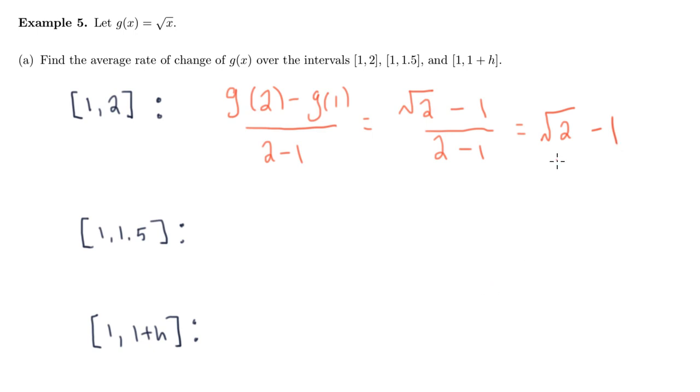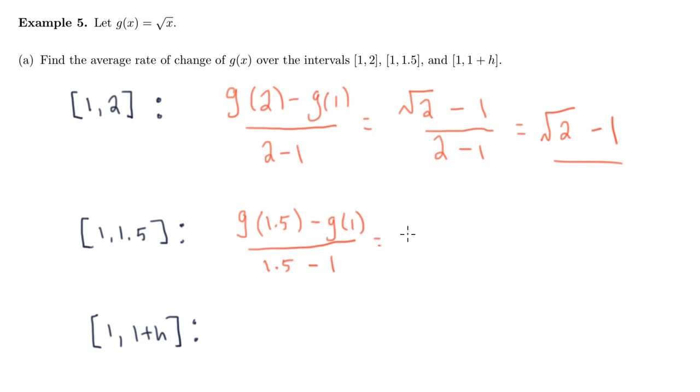Okay, easy enough. Plug and chug. Then for 1 to 1.5, we have g of 1.5 minus g of 1 divided by 1.5 minus 1.